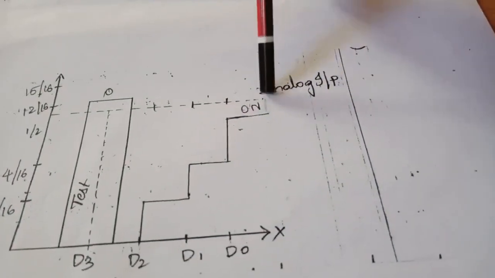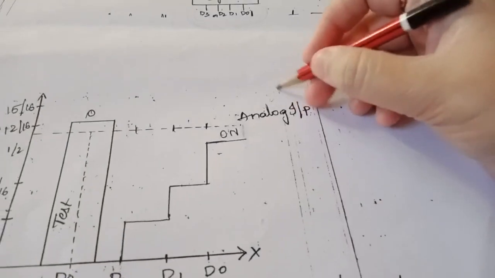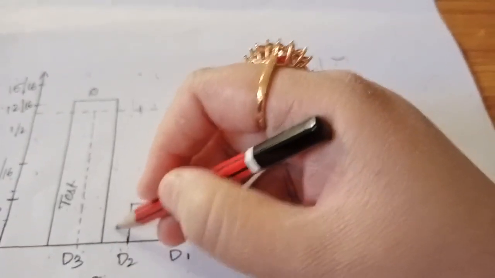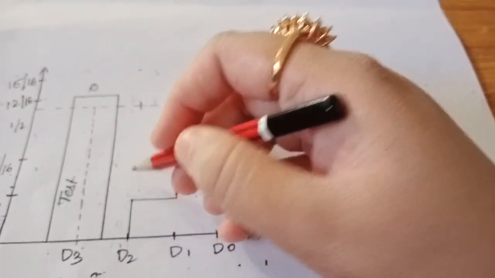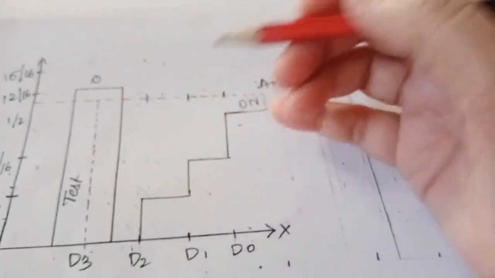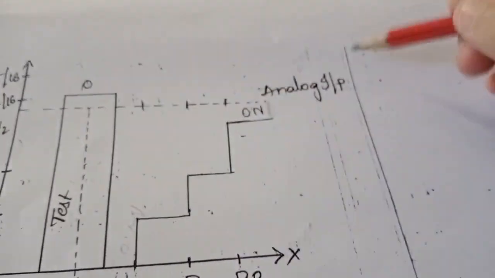It is not equal. For example, the analog input is 2 volts and this is almost 0.1 or 0.5 or 1. So remember, it is not equal to 2.